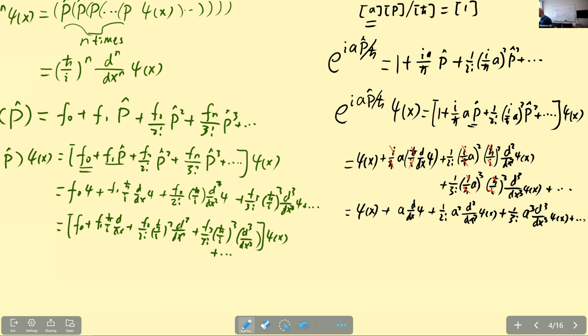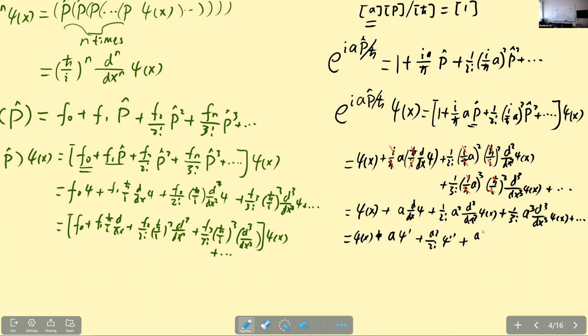Okay, so guys, can you recognize this term? So this one basically, you are trying to do this one. The first one is nothing but just psi of x, right? And the second one is just A times psi prime, the first order derivative. And then the second is just A squared over 2 factorial psi double prime.